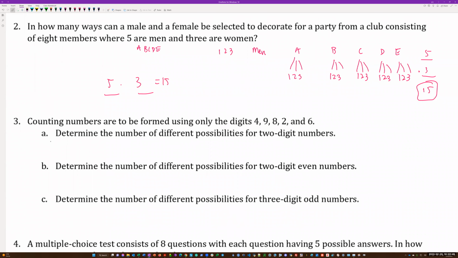And this is the fundamental rule of counting. It's just like saying you have 5 condiments for your burger and you have 3 choices of bread. How many different burgers could you have? 15. Does that make sense? If you're going to use a condiment and a bread. Question with this? You guys get it?